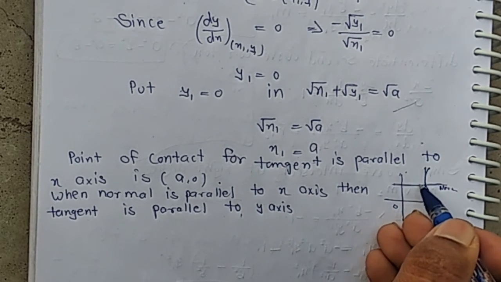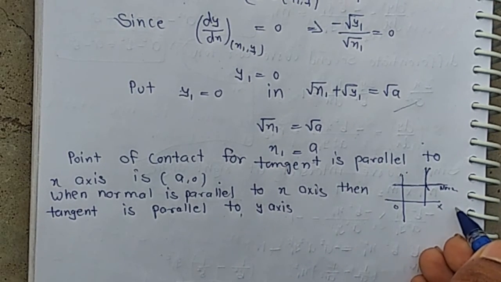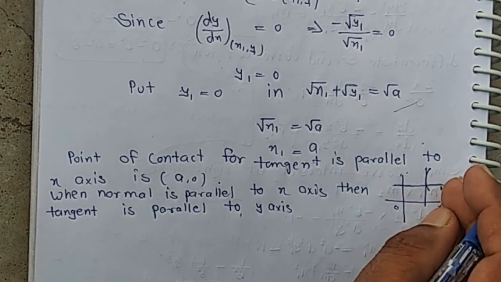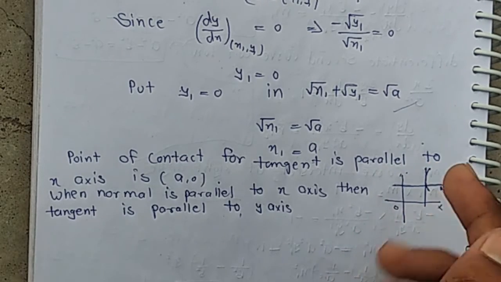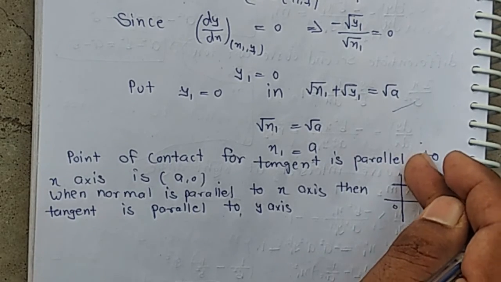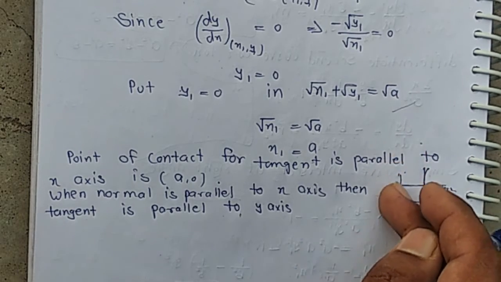Normal is parallel to x-axis, then since tangent is perpendicular to normal, tangent is parallel to y-axis.